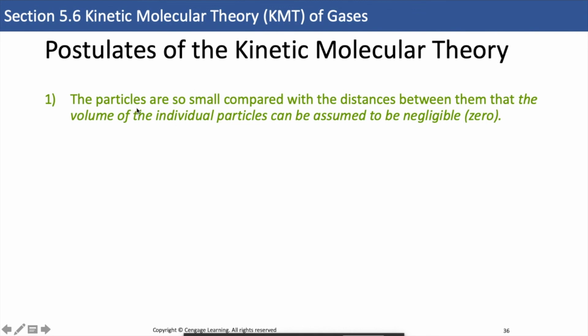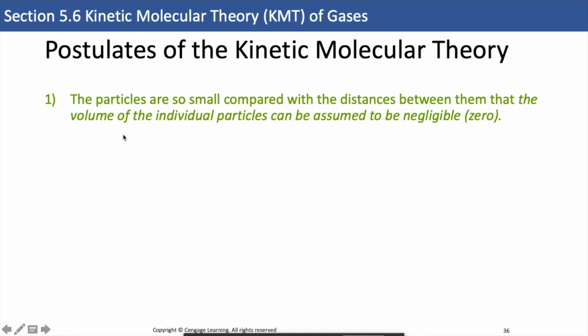Okay, so the particles of a gas are going to be so small compared to the distance between them that we can assume that the volume of the individual particles is basically zero. Now, kinetic molecular theory is not saying that these are true. Obviously, we know that the volume of an atom is not zero.